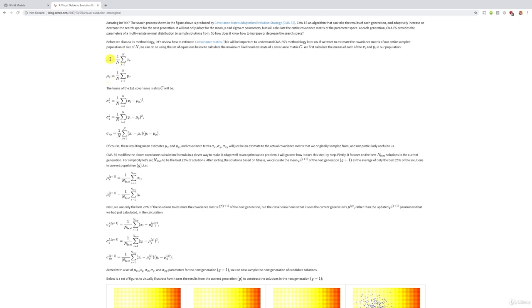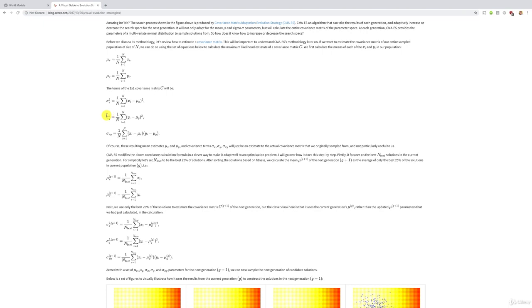Then once you have mu x and mu y, you're able to compute the variance of x, the x coordinate, and the variance of y, the y coordinate, with these respective formulas, which is just the mean of the squared differences between the x coordinates of the samples minus the mean of the x coordinates in the whole set of samples, and same for the variance of y, which is the mean of the squared differences between the y coordinates and the mean of the y coordinates in that same set of samples.